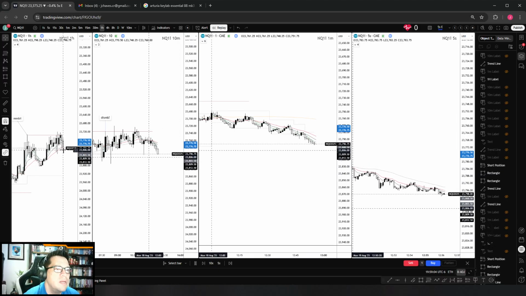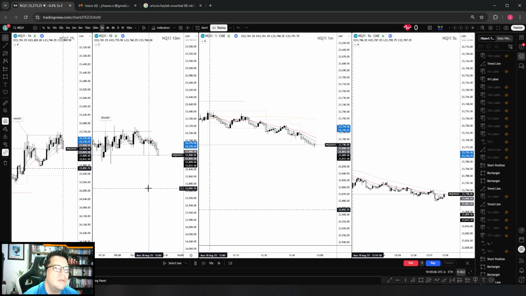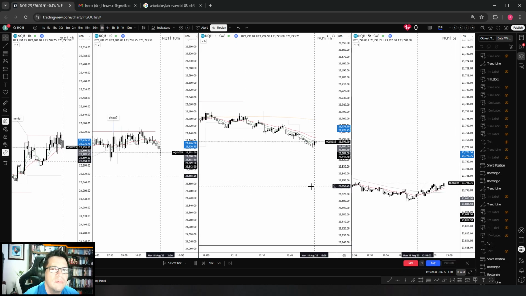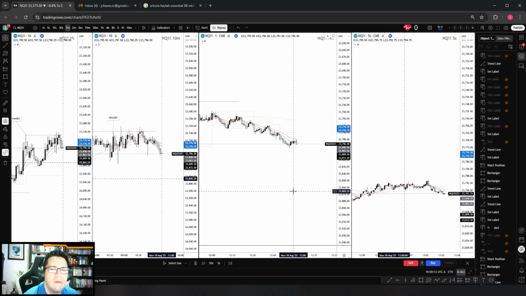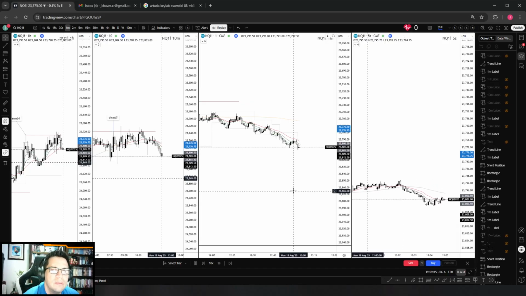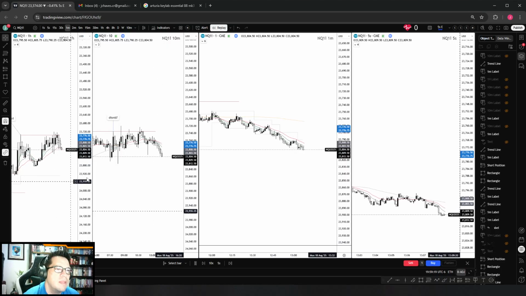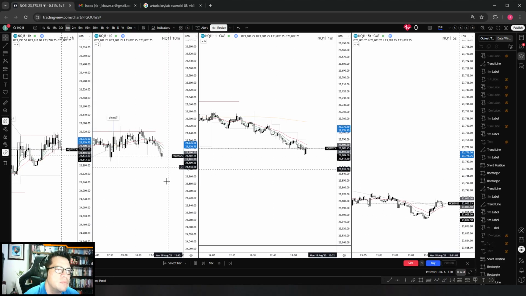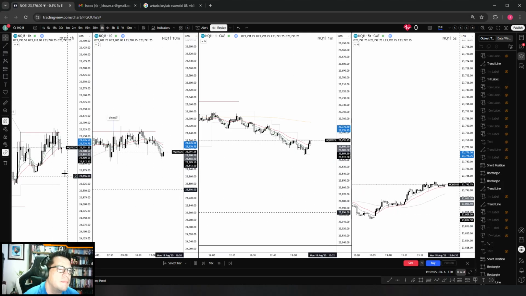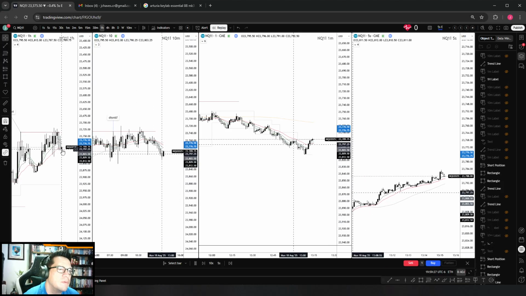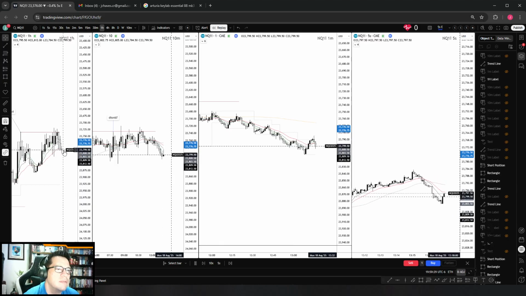So as the session continues, we now are getting a move from price on the context time frame into the 20 EMA once more. We are right now around 3 p.m. New York time. And now we are seeing price moving, or basically we are at once again the 20.